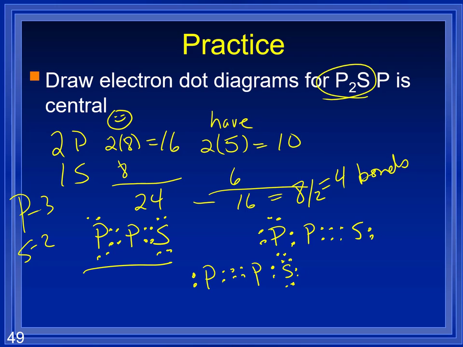But if you look at this one, the sulfur's made 2 bonds. Right? So at least the sulfur's happy. The other phosphorus has only made 2, it's not happy, but at least the sulfur's happy on this one, right? On this one, the phosphorus has made 3 bonds. So that phosphorus is happy. None of the other 2 are, because the phosphorus in the middle has made 4 and the sulfur's only made 1. But at least the one on the end's happy.